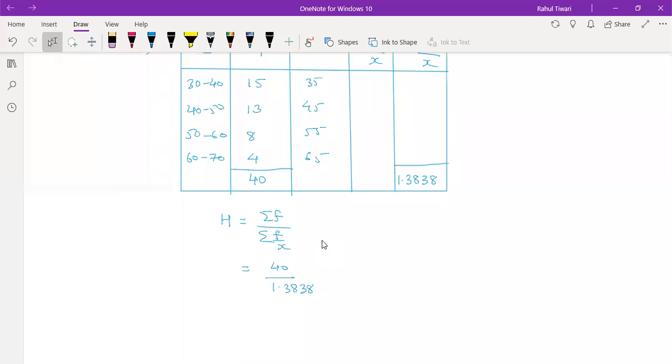If you just substitute, you will get h, which is how much? 28.9059. Yes, everybody getting the same answer? Please let me know. Go to the chat box, write it down. Are you getting the same answer or not?